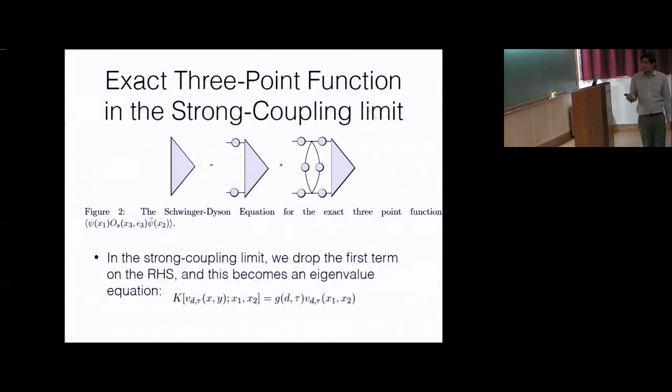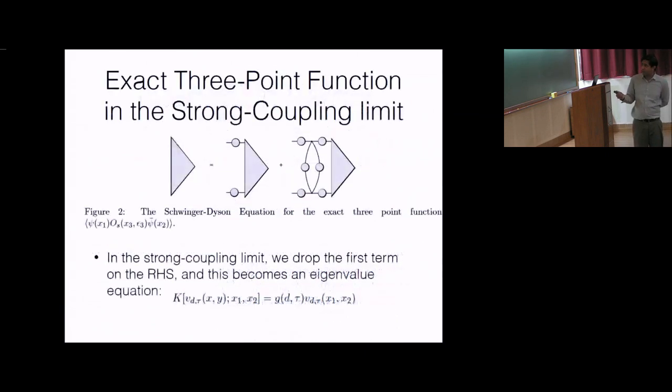That means acting on the exact 3-point function with this one rung of the ladder diagram, or what I'll call the integration kernel, should give you back the same 3-point function. So the exact 3-point function should be an eigenvector of this ladder operator with eigenvalue 1, and that's represented by this eigenvalue equation.